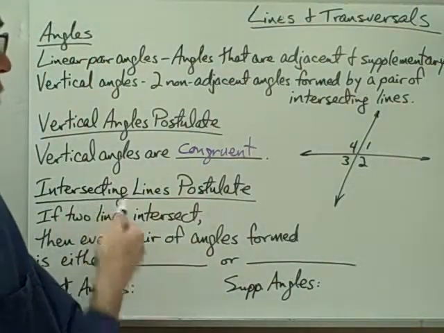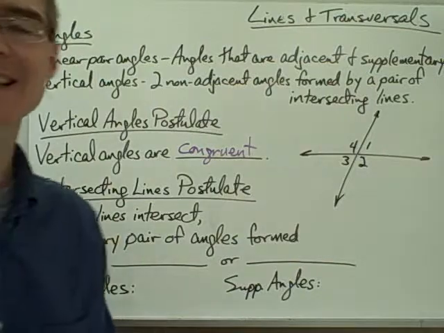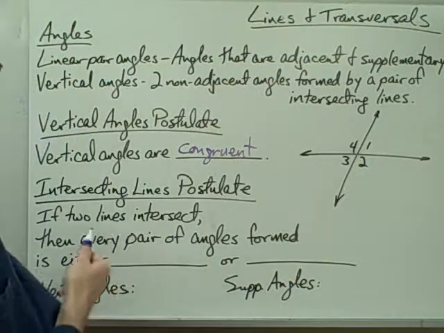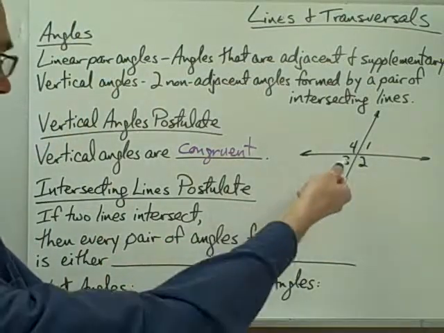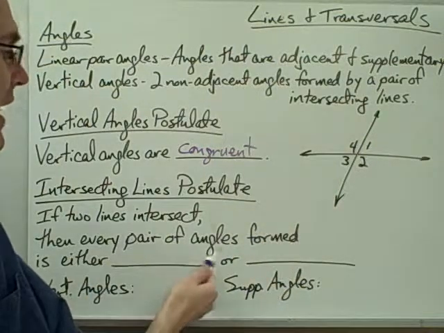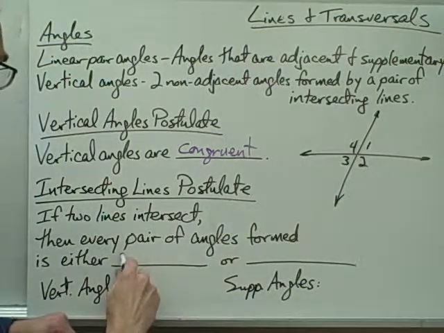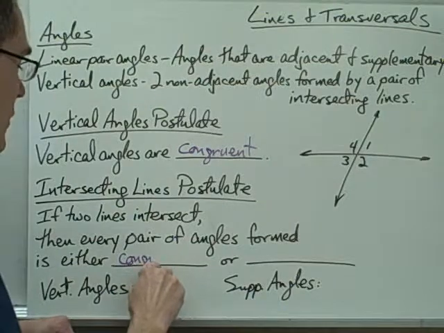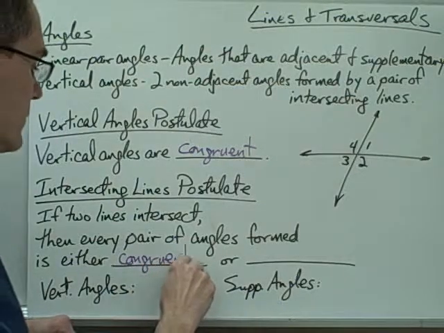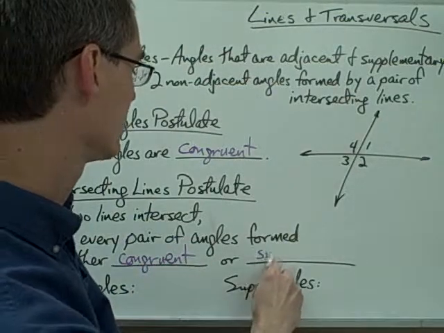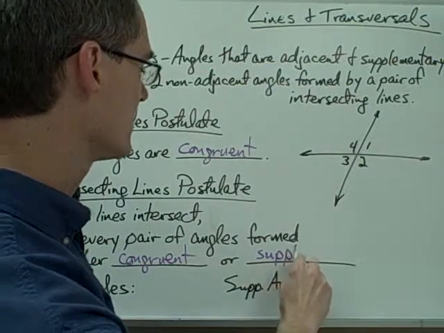And another statement we're going to accept as true without proof is called the intersecting lines postulate. And that postulate just says, if two lines intersect, then every pair of angles formed is either congruent or supplementary.